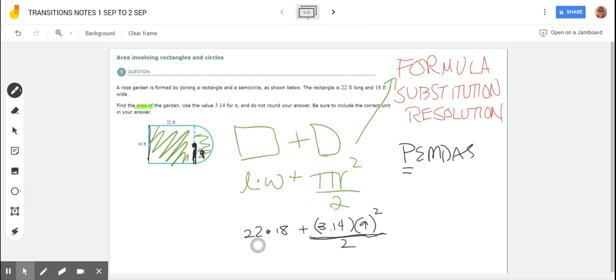396. So this is 396 plus, okay, back to Desmos. By the way, your calculators know order of operations. So here's what we could do. We can actually go plus 3.14 times 9 squared, and you need to put all of that divided by 2.